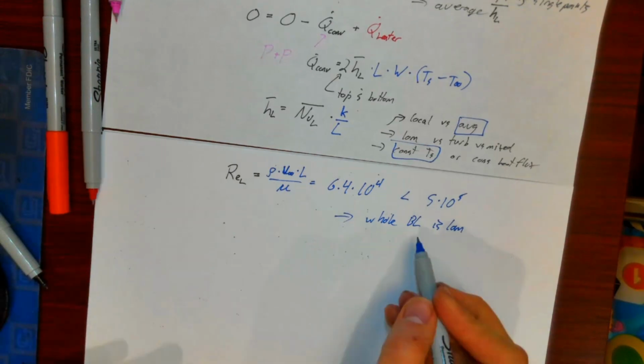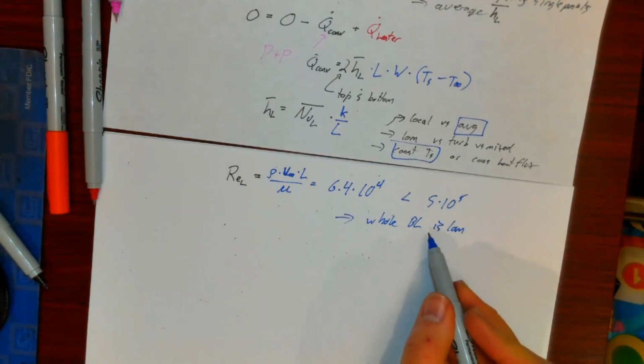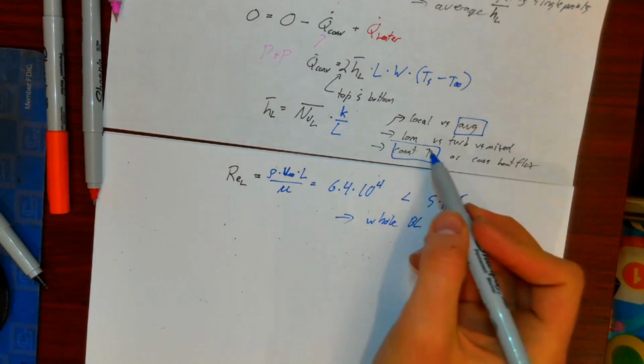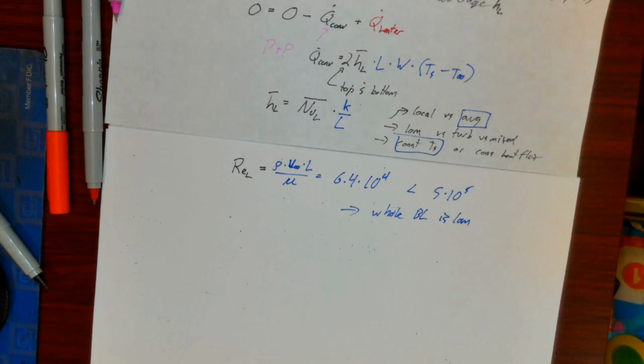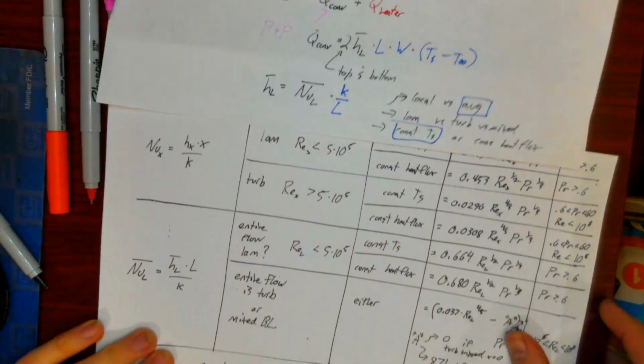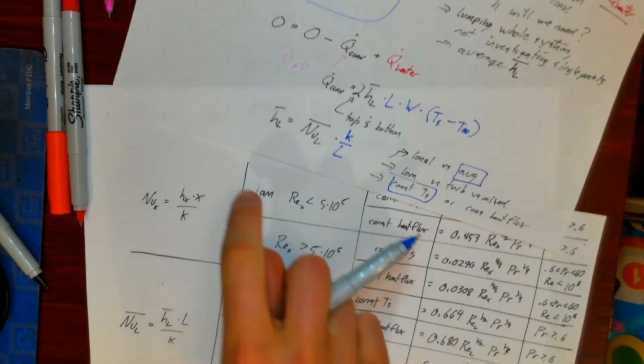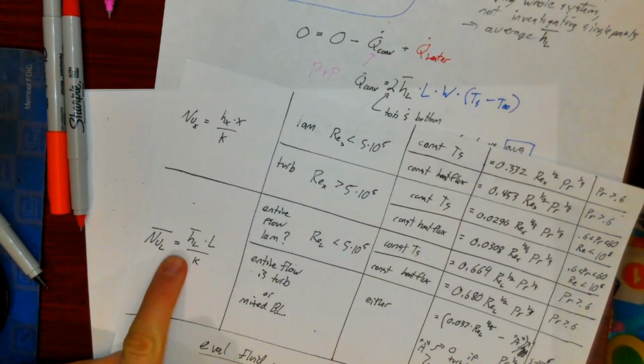All right, so we have our Reynolds number. We conclude the whole boundary layer is laminar. That tells us which equation we're going to use for our Nu bar sub L. So we can bust out our chart. Local versus averaged: we want averaged.